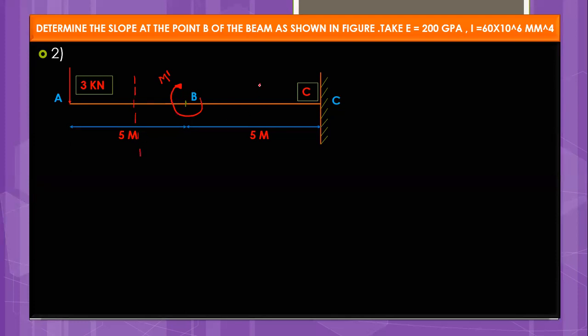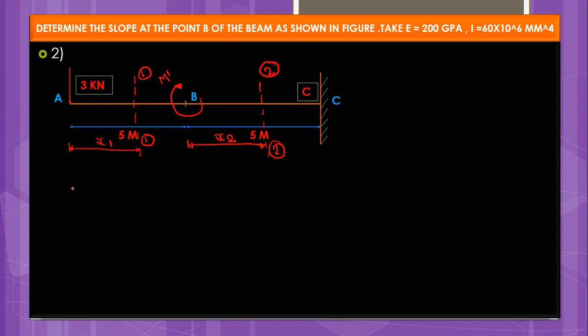We will write the moment equation from point A, and let's consider this section 1 with x1 and this section 2 with x2. So we have to consider the 2 sections, 1-1 and 2-2. We have considered section 1 here and section 2 here.